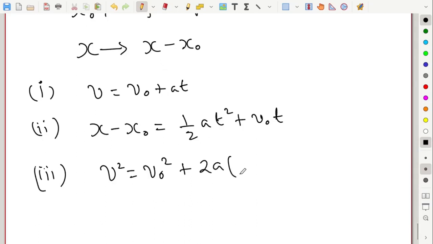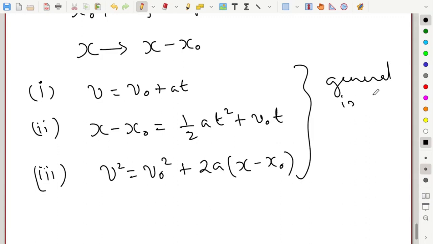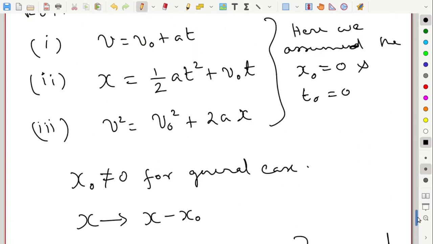Therefore v square equals v naught square plus 2a times x minus x naught. This is the general case, the general kinematic equation of motion. Whenever we put x naught equal to 0, we get our special case.